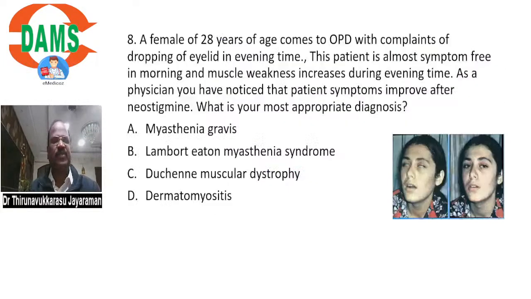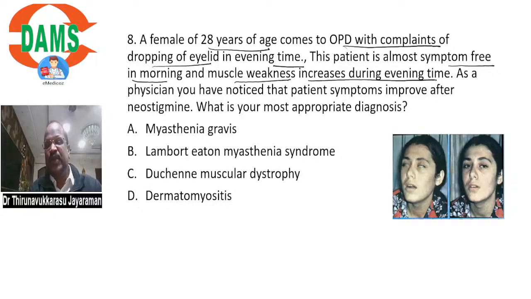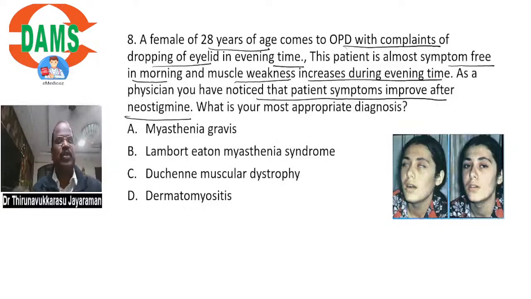Okay. Next, a 20-year-old female comes to OPD with the complaint of drooping of the eyelid in the evening time. This patient is almost symptom free in the morning, and the muscle weakness increases during evening time. As a physician, you have noticed that the patient's symptoms improve after using neostigmine treatment.